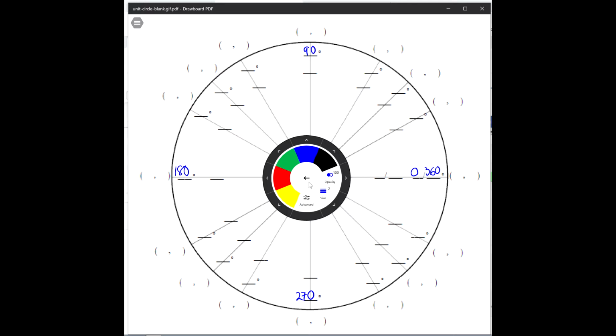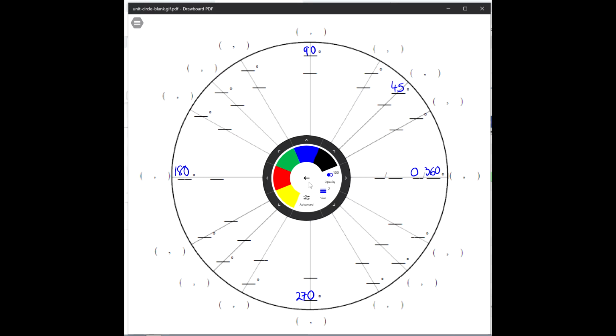Now next, we know that half of 0 and 90 will be 45, so that's why we have 45 degrees here. So each chunk like this will be 45 degrees.